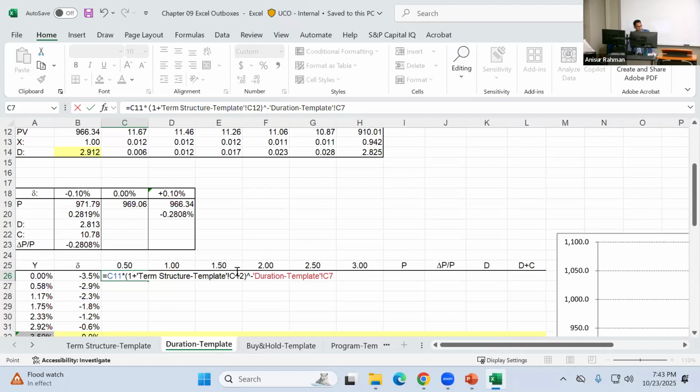So we are going to lock the row for C12, so that when we pull down, it doesn't move, but when we pull across, it moves. Similarly here, we are going to lock the row.